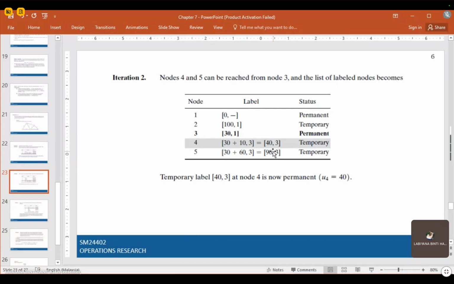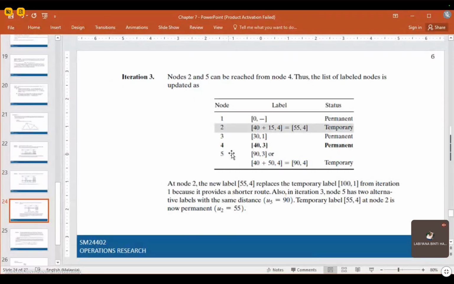So we sum this, we get 40 and 90. Temporary label 40 at node 4 is now permanent, because this one is the shortest route. So in the next table, our node 4 will be permanent.